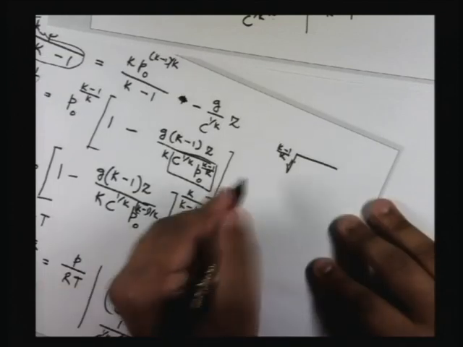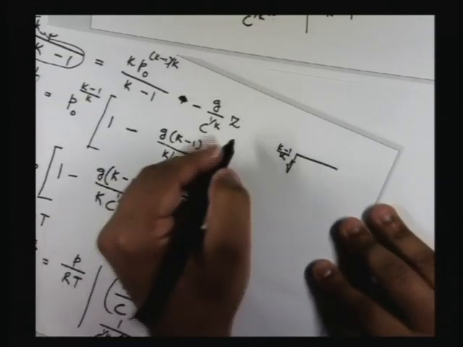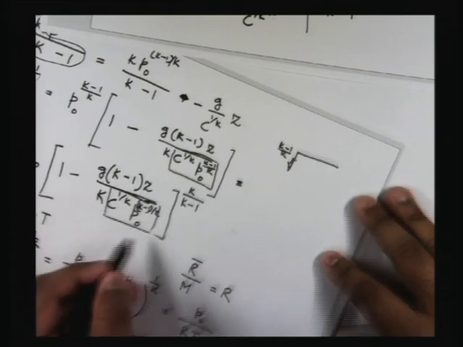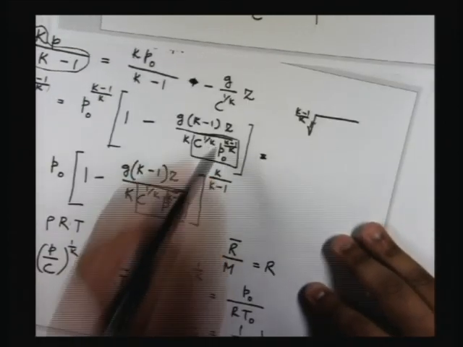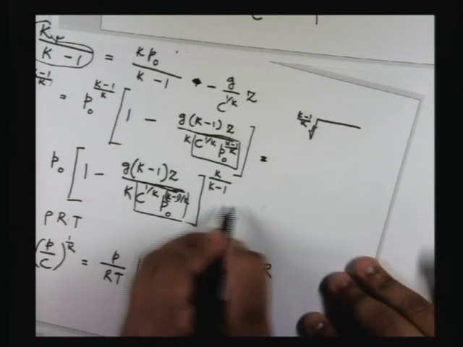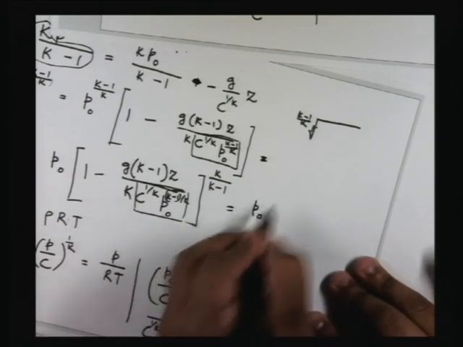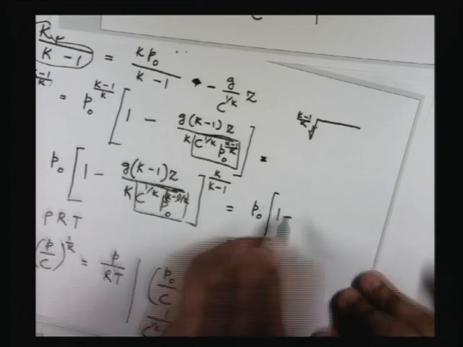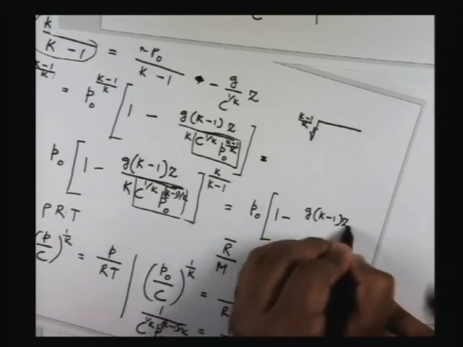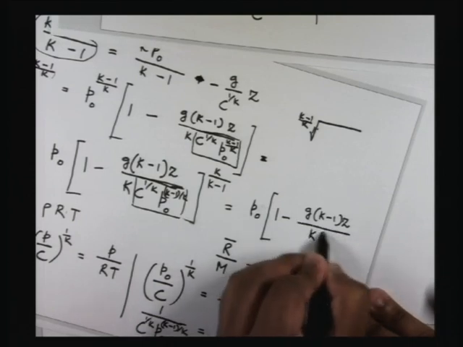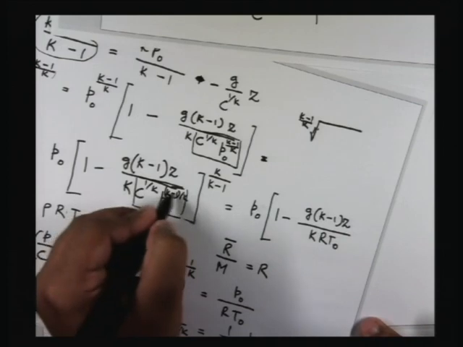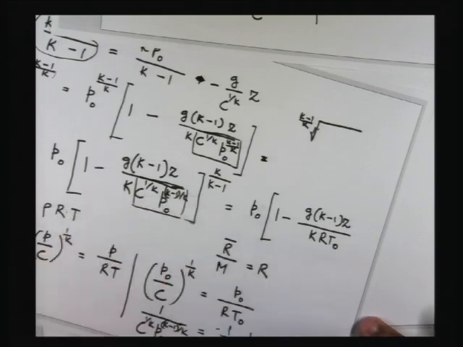So if we do that, we'll find, I'm sorry, not in this equation. Now you can also replace it here and here also. So we'll do it here. If we do that, we'll find P naught into 1 minus g into (k minus 1) z by k R. This 1 by C to the power 1 by k into P naught to the power (k minus 1) by k, this term is 1 by R T naught, as you can see from here.